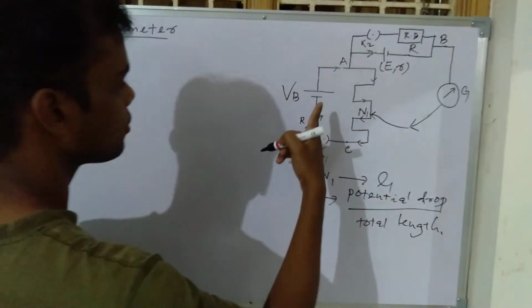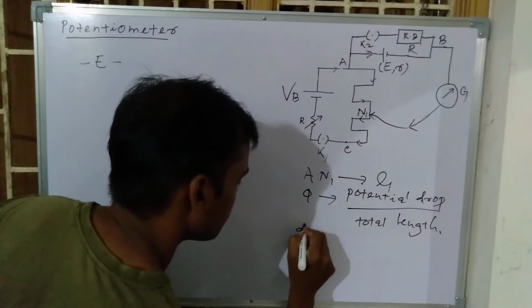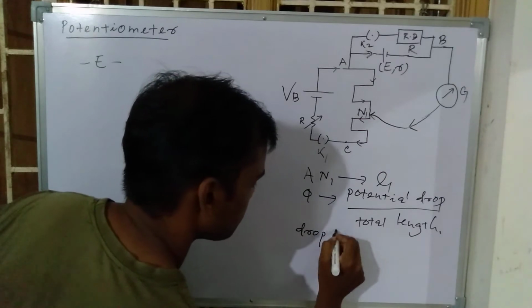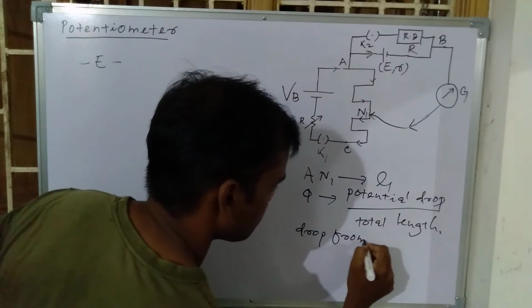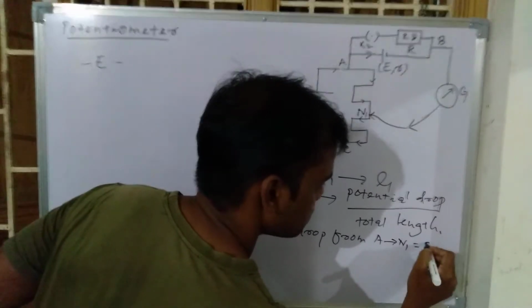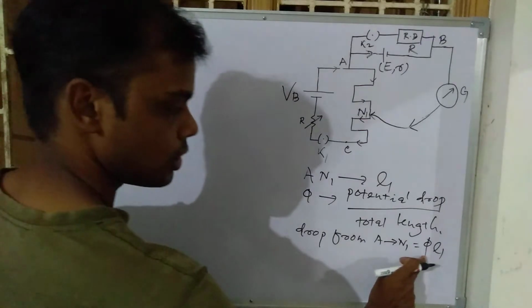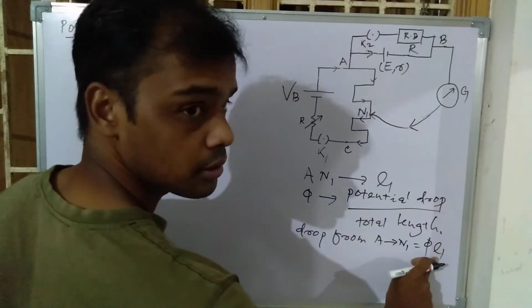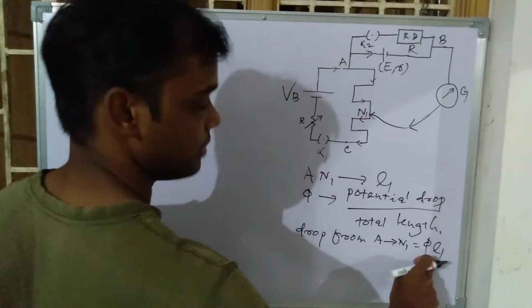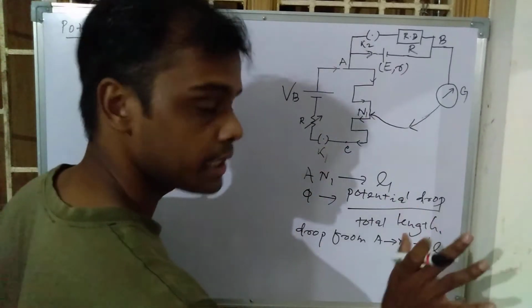Then the potential drop from A to N1 will be phi times L1, drop per unit length into the length of the element.